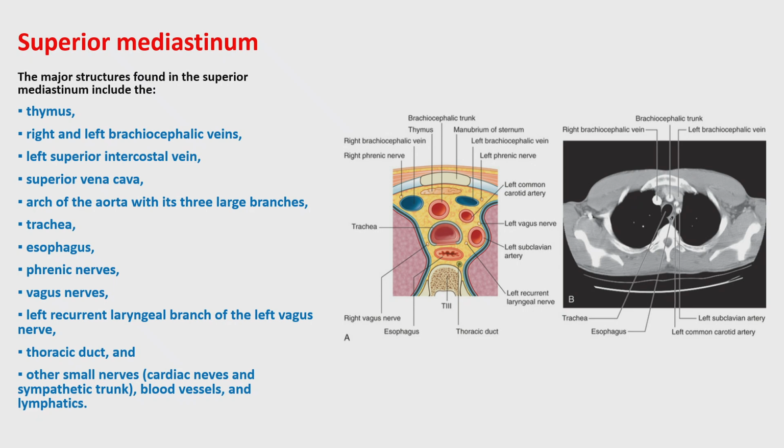After you remove the thymus, the second layer from superficial to deep is the venous layer. They are the biggest, largest veins that connect together and form the superior mediastinum.